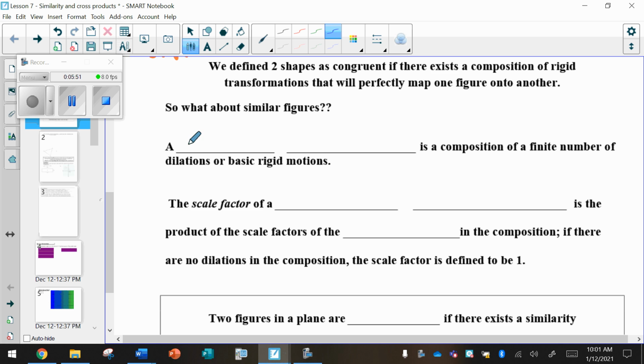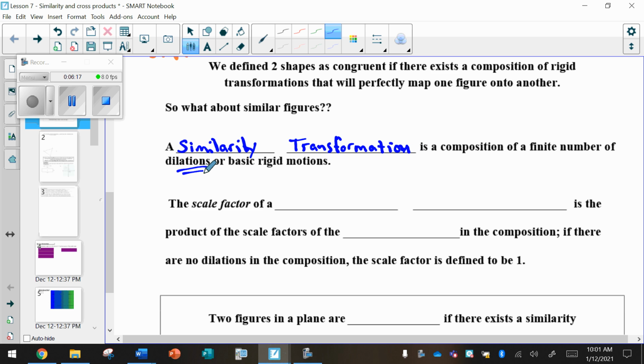So a similarity transformation is a composition of a finite number of dilations or basic rigid motions.